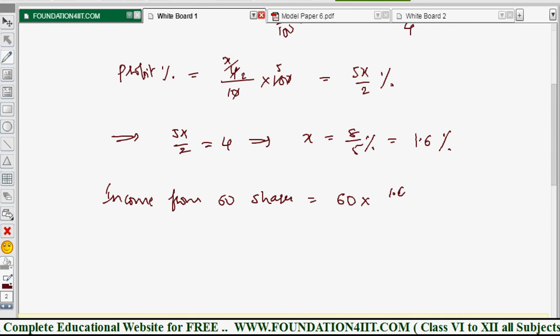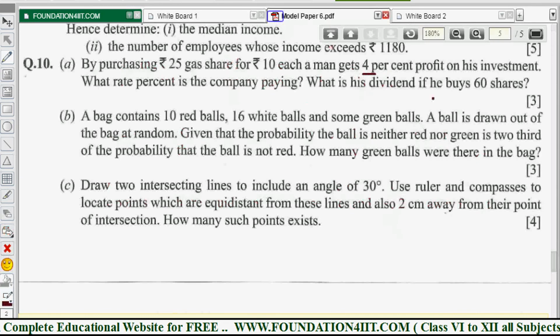So 1.6 is x, so 4 ones are 4, 4 15s are 60. 15 into 1.6, that is 24. By multiplying both, rupees 24 is the income from 60 shares. So the company is paying dividend at 1.6% and dividend from 60 shares is rupees 24. So these two are the solutions we required from this question.